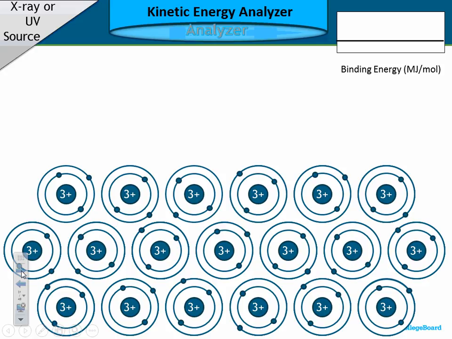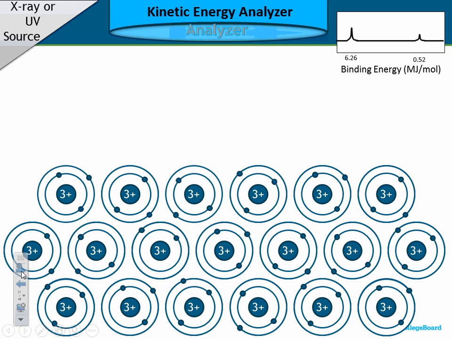So the X-ray or the ultraviolet source will come in, zap an electron out, and that creates this data in terms of binding energy. Binding energy is the energy that holds the electron to the nucleus. However, we're measuring that by measuring the energy needed to remove the electron from its atom and kind of break that attraction with the nucleus.